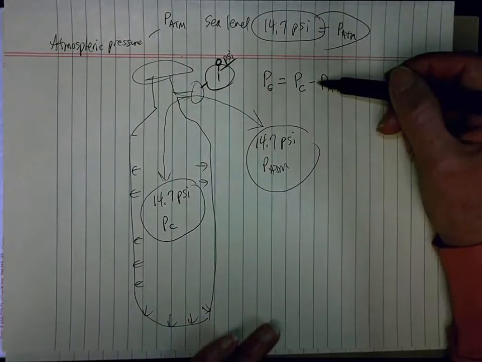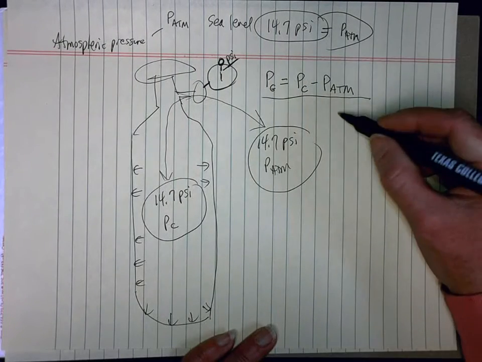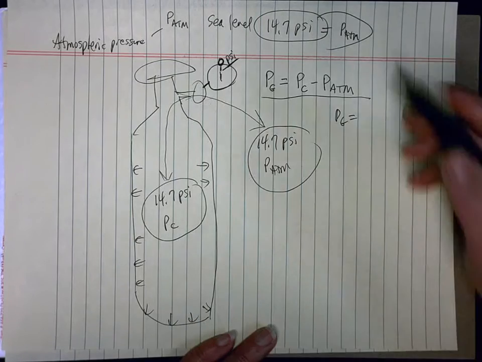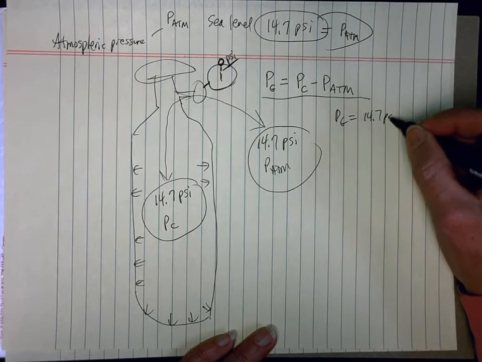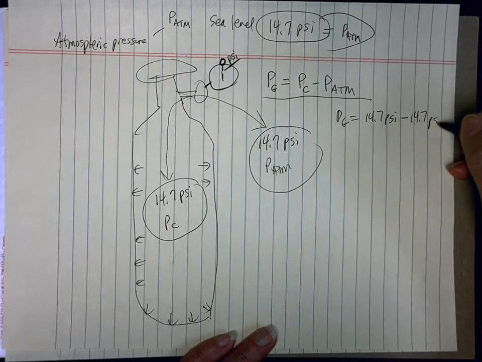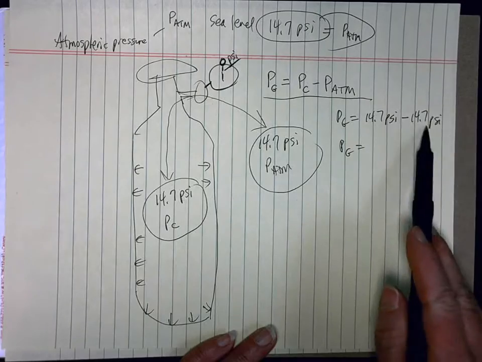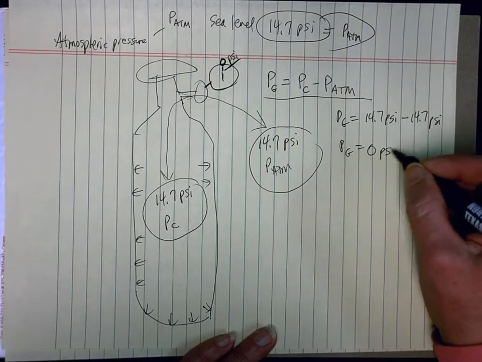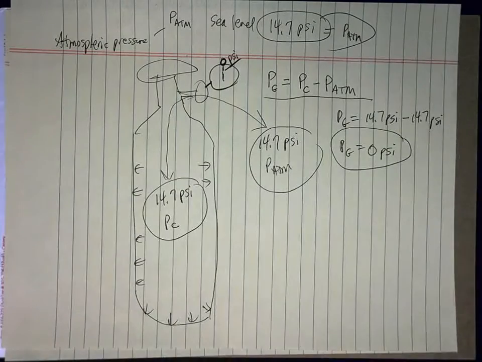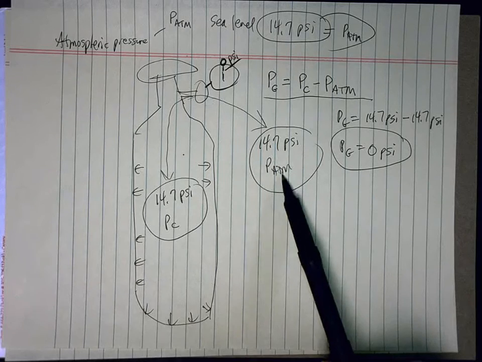And that works out according to this equation. The gauge pressure is equal to the pressure in the container, which is 14.7 psi, minus atmospheric pressure, which is 14.7 psi. So gauge pressure is 14.7 minus 14.7, which is 0 psi. So when your gauge pressure is 0 psi, it means you have the same pressure inside your vessel as you have outside the vessel.